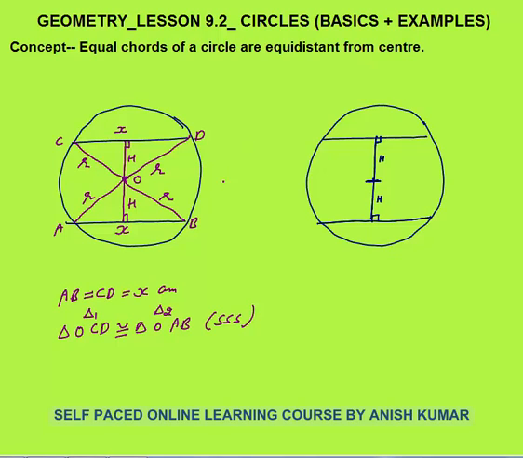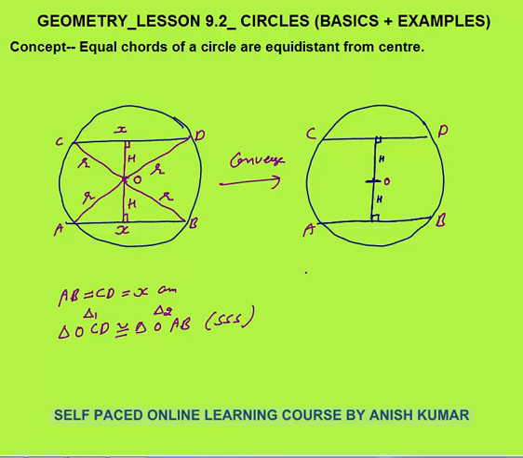The converse is also true. The converse means that if two chords are at the same distance from the center, here I have taken the center O, the two chords AB and CD, they are at the same distance from the center. You can see that the height is h and h.